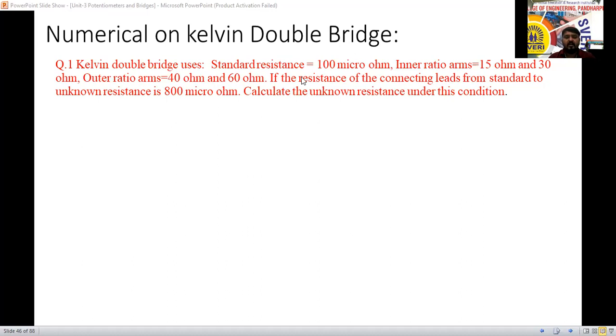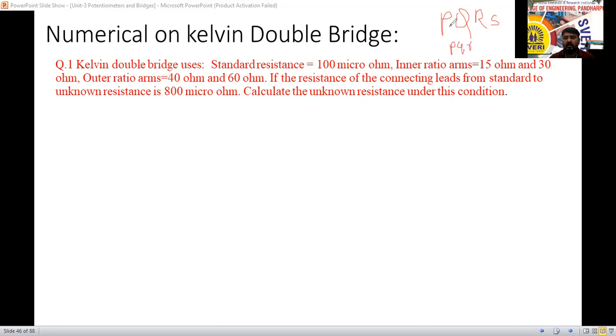See here, what is the standard resistance? All of you know that there are 4 resistances: P, Q, R, S. For the inner side, we have small p, small q, and R here.